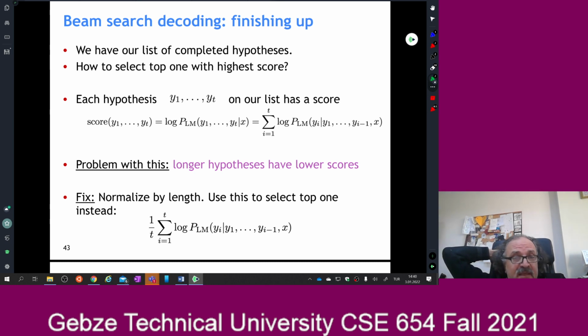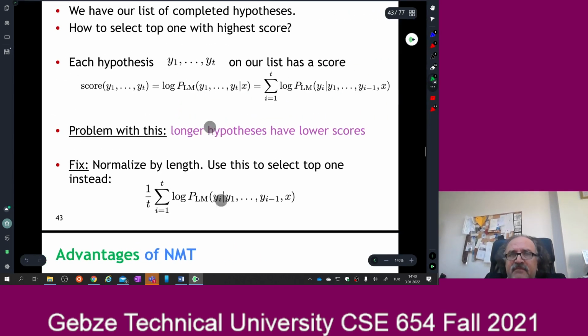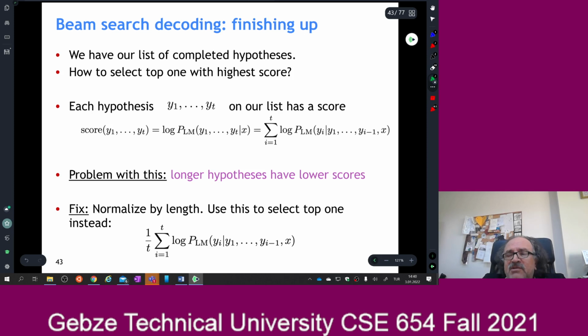So what does that mean? If my sentence is t words long, just divide it by t. That's it. So your sentence being short or long will not have any advantage or disadvantage. So for the beam search decoding, you could use this normalization.